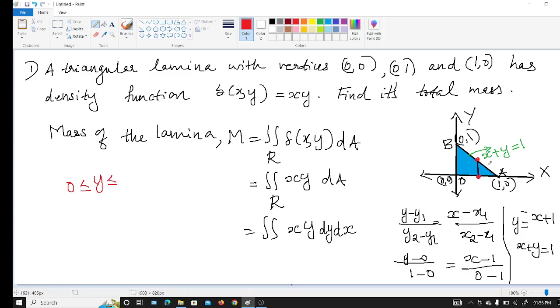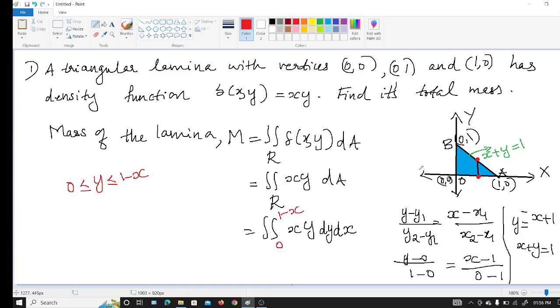The upper limit of y: the line meets the line x plus y equal to 1, so y equals 1 minus x. So here y goes from 0 to 1 minus x.